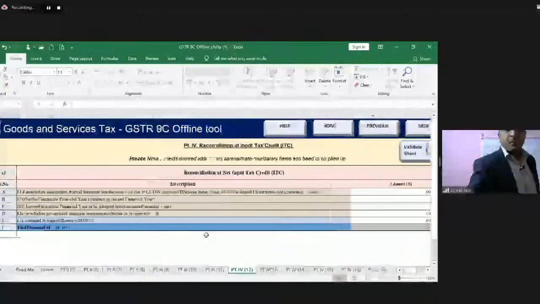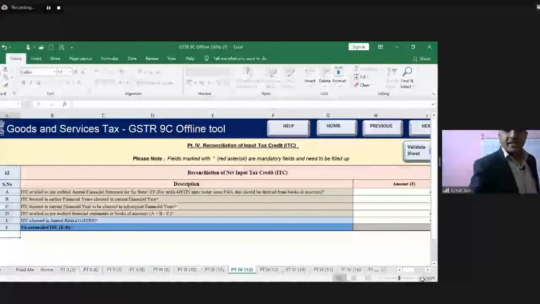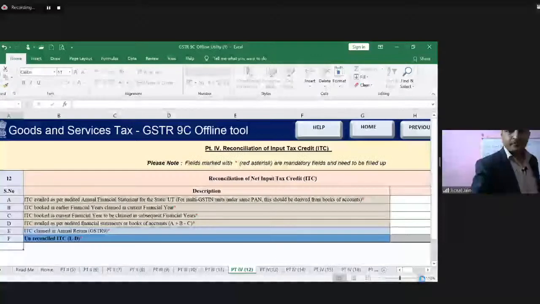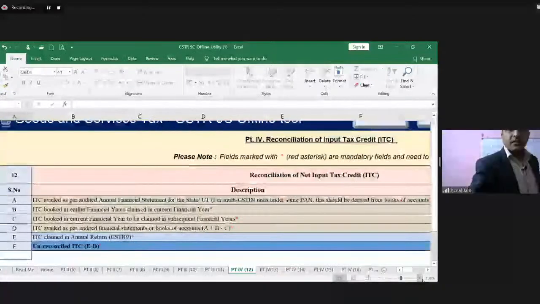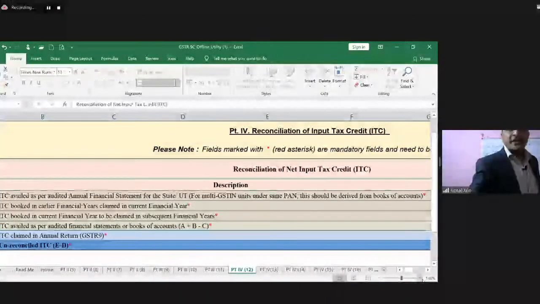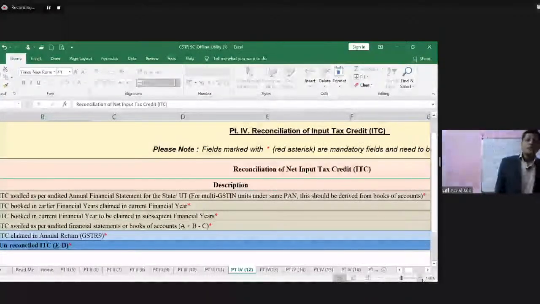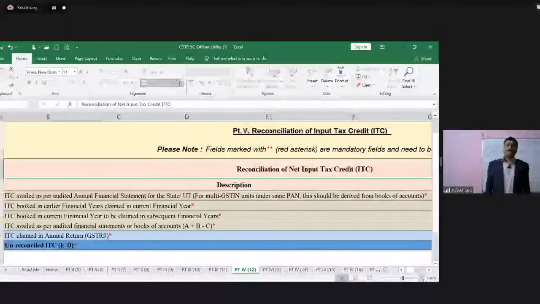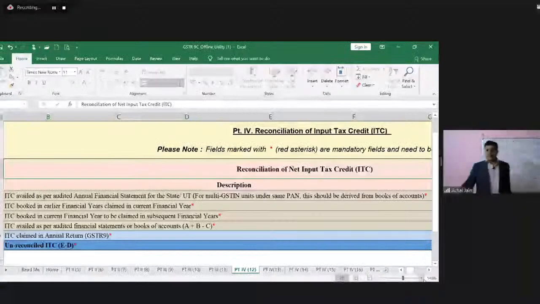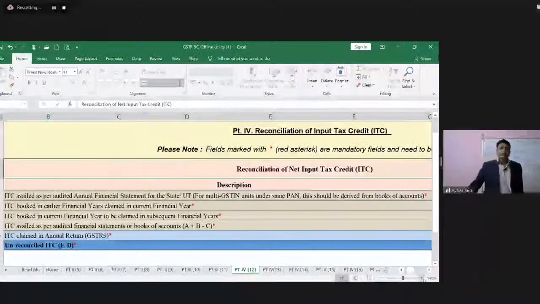This is about the input tax credit now. Now in this part, what do we need? We need the reconciliation of input tax credit. And this would again be the same basis. Now as a next step, first of all, we start with input tax credit availed as per audited financial statements.